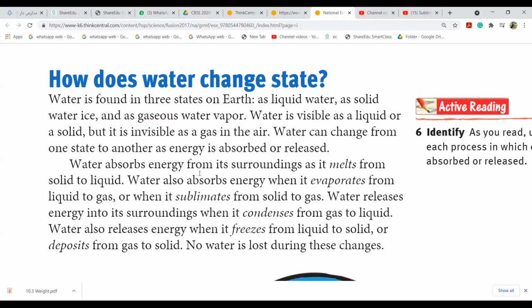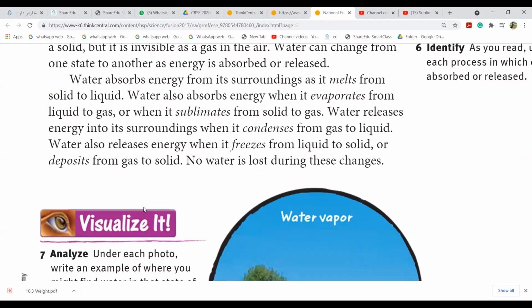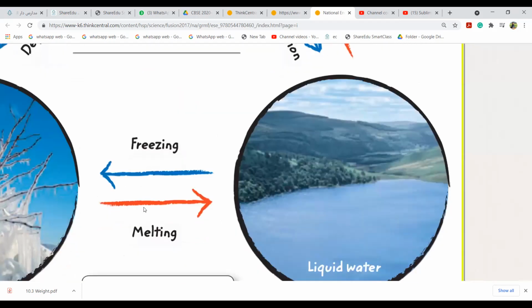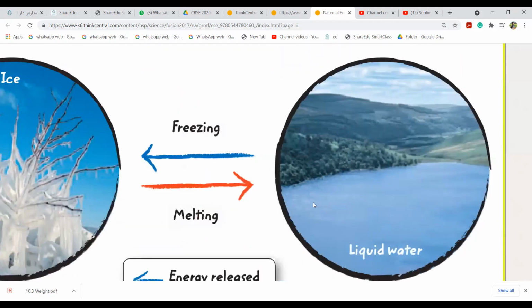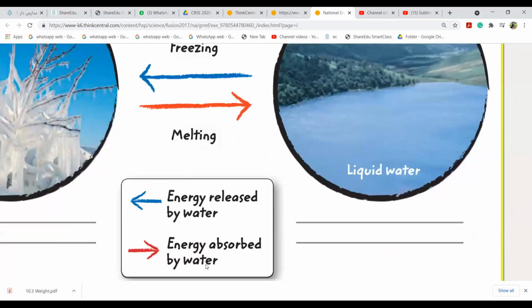It also absorbs energy when it evaporates. Like solid to liquid, liquid to gas, it is absorbing energy. And when it goes back, gas to solid or gas to liquid, it is releasing energy. So what we have to remember: when it is melting from solid to liquid, energy is absorbed.